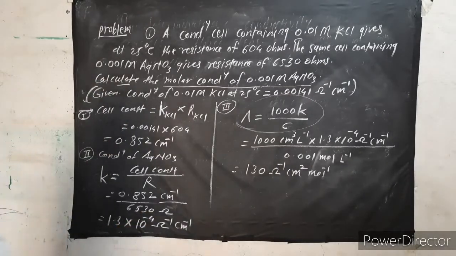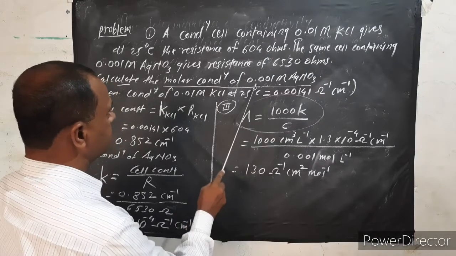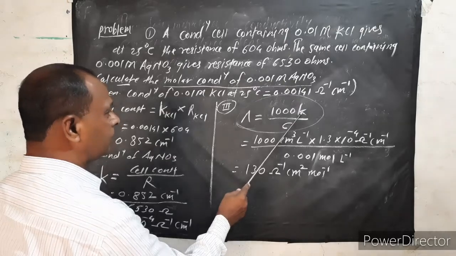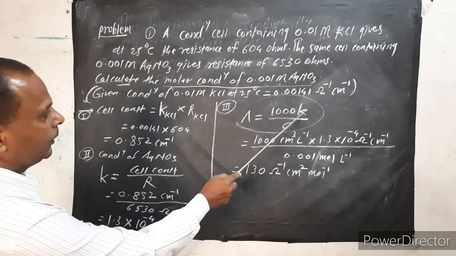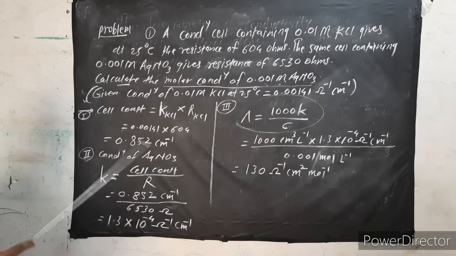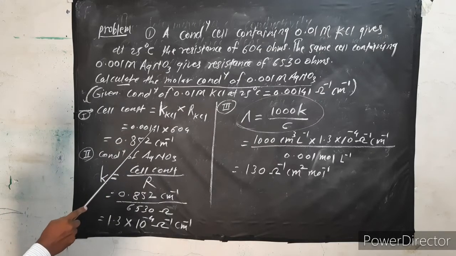If you observe this problem carefully, they have given the concentration C, 0.001. But you don't know k. So this conductivity k you have to find out using another equation, and for that purpose you have to see in detail. First step, cell constant.